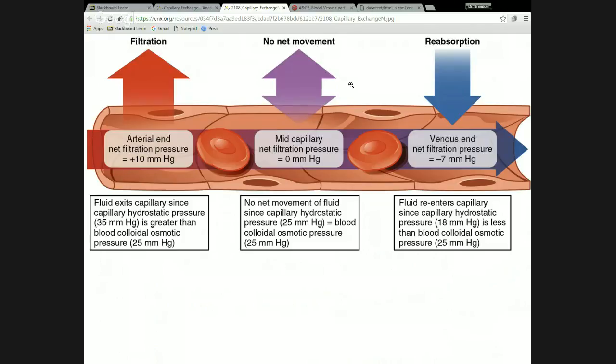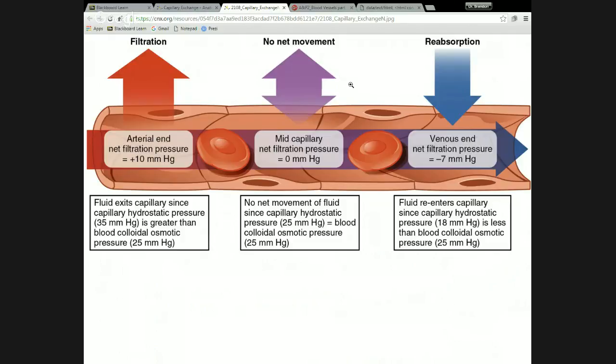So as blood pressure is pushing things out for filtration, osmotic pressure is pulling water and other things back into the blood to try to dilute the blood so that it's equivalent in concentration to interstitial fluid. That's what the osmotic pressure is. The osmotic pressure is 25 millimeters of mercury. The difference between those two at the beginning of the capillary bed is 10 millimeters of mercury causing outward filtration.